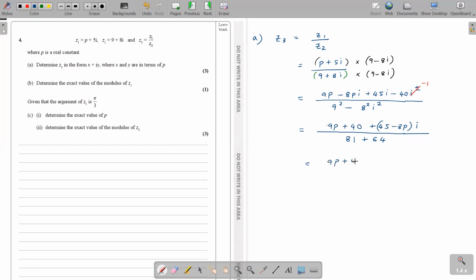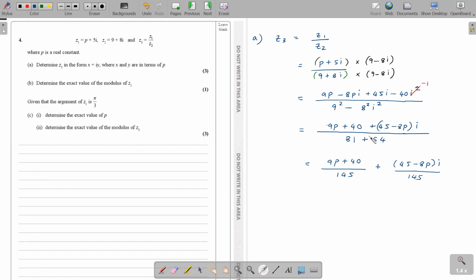Let's separate the real and imaginary. 9p plus 40 over 145, since 81 plus 64 is 145. Can you see I'm separating? I'm splitting this into 2. 45 minus 8p, i, divided by 145. So I'm just taking the real coefficient over the denominator plus the imaginary part over the denominator. So splitting it. Okay, is this clear?